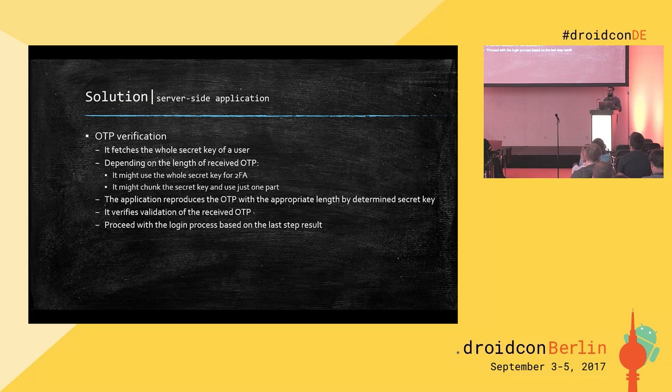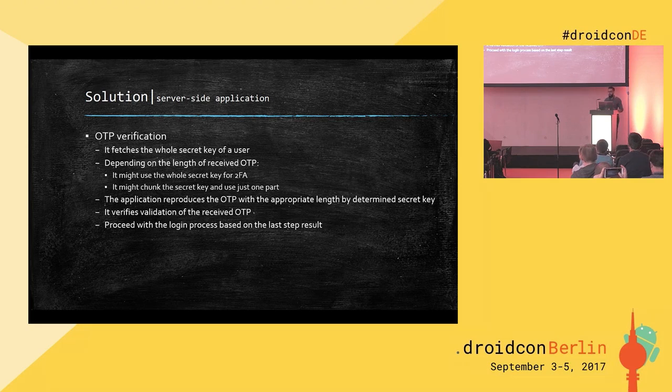And based on the type of authentication, it might use the whole secret key, or, the same as the client side, chunk it into different parts. For example, use the 10 bytes for the fingerprint authentication, the first 20 bytes for the PIN code authentication, or the whole secret key for two-factor authentication.